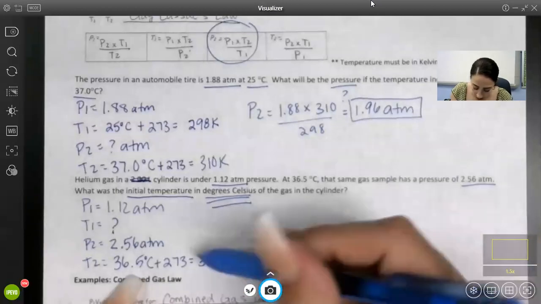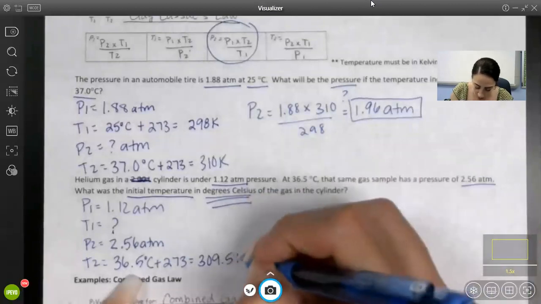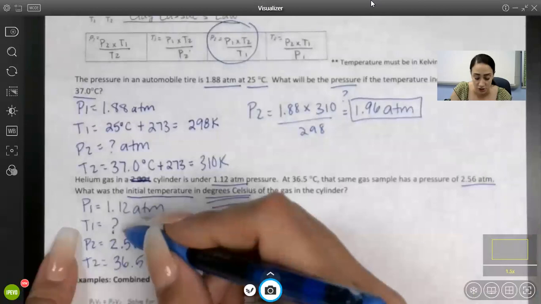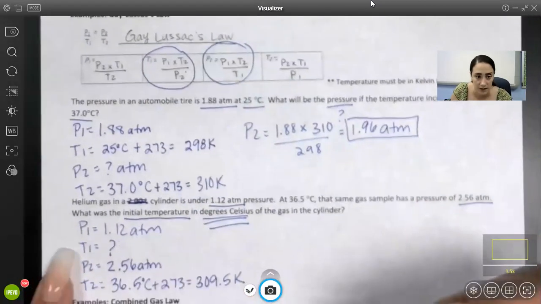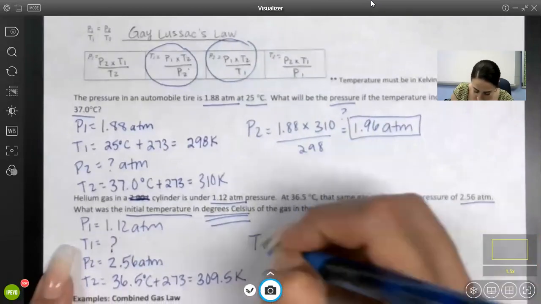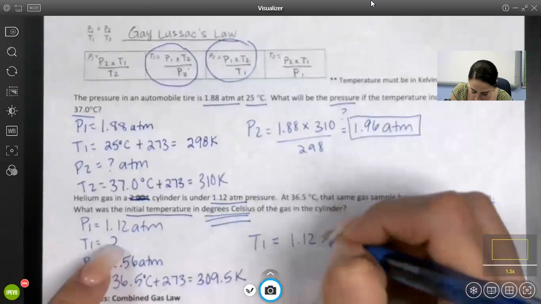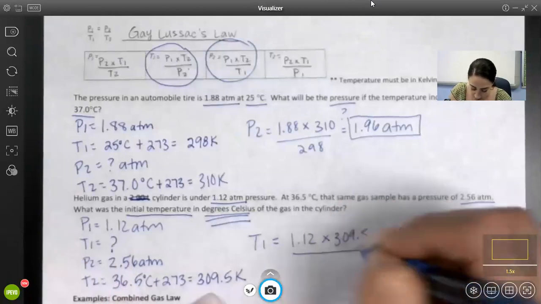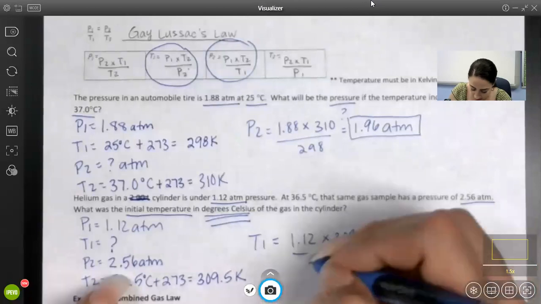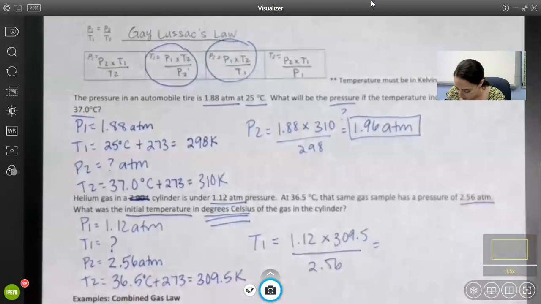Now that our pressure units match and our temperature is in Kelvin, we can solve for temperature 1 with this equation: T1 is equal to P1, 1.12, times T2, 309.5, divided by P2, 2.56. Go ahead and plug that into your calculator.